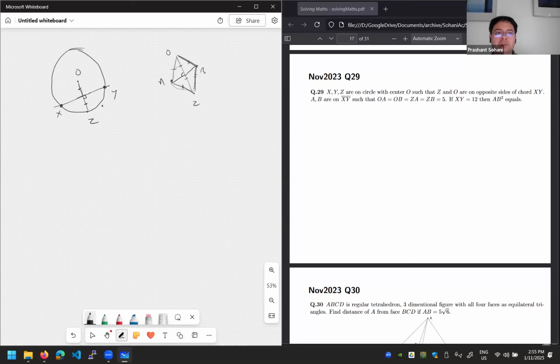So you see how changing the order of drawing the diagram, instead of drawing X and Y first, I selected X and Y last. I drew everything else first. Okay, so you see how you can change the order. Okay, and then you have to mark this A and B also.